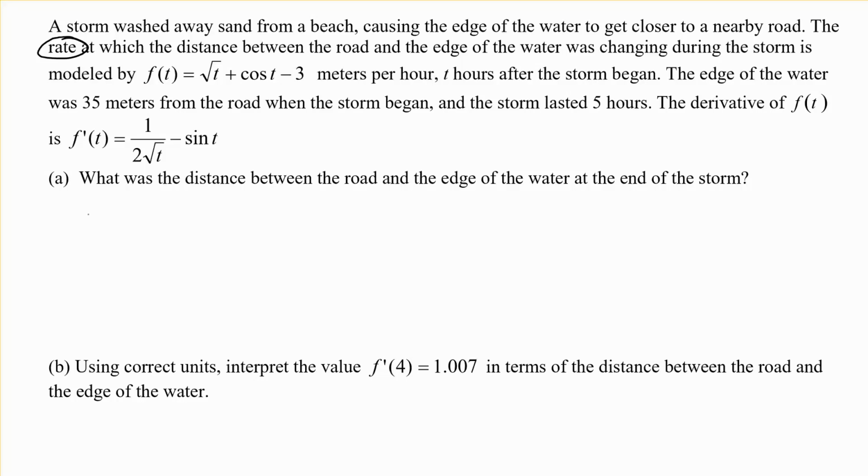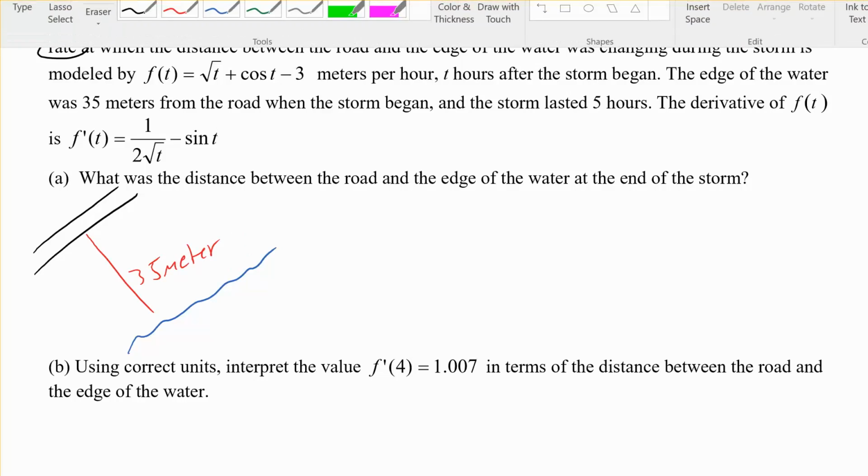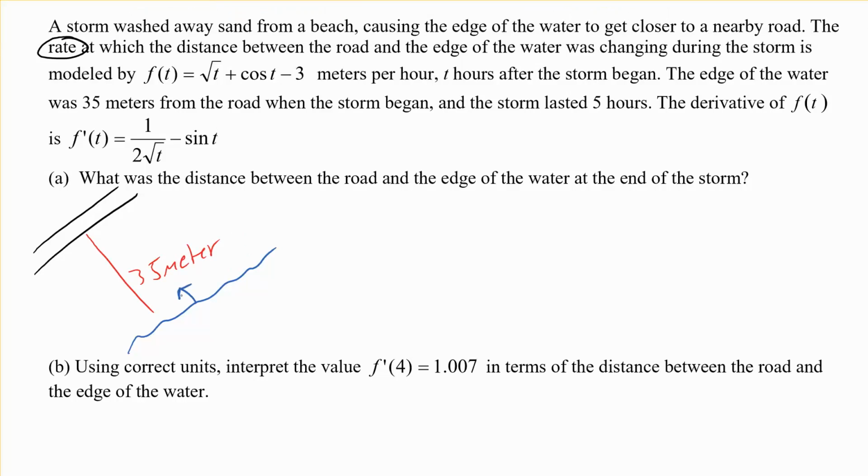So let's draw a picture maybe. Here's my road. Here's my water. It was 35. But the water is coming closer to the road at the rate of f of t.